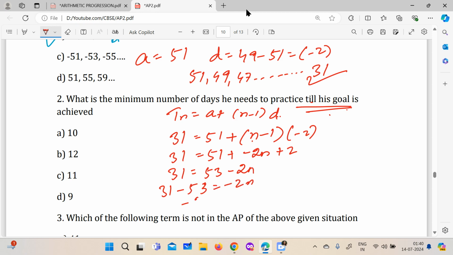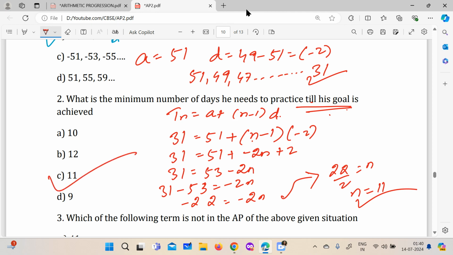So you get here minus 22 equals minus 2n, minus minus cancels, and that gives you 22 over 2 is equal to n. Hence, n is equal to 1, sorry, 11. n is equal to 11. So he needs 11 days to reach his goal, that is to complete his race in 31 seconds. So this is the correct answer.